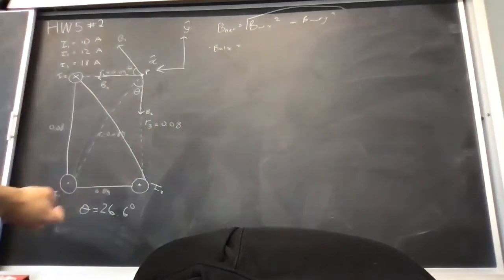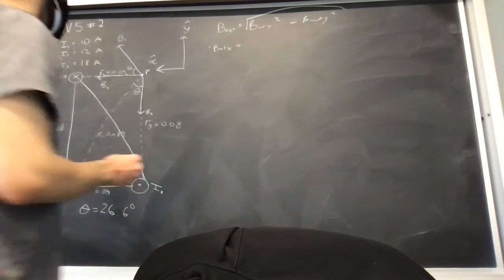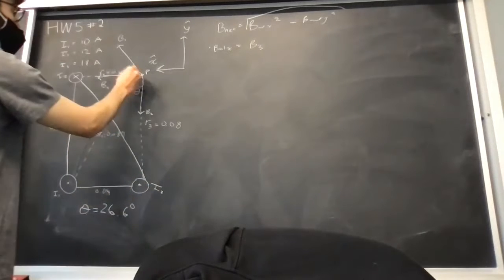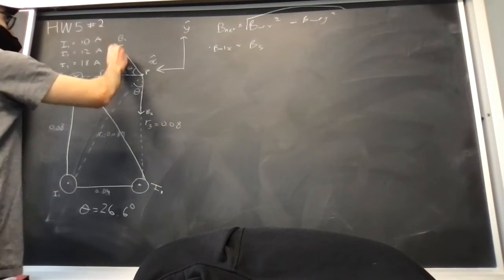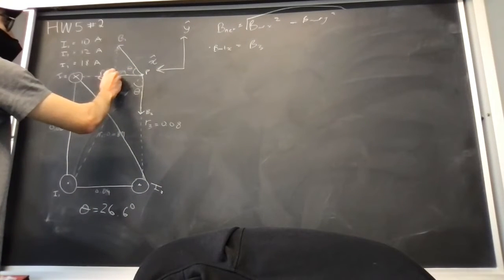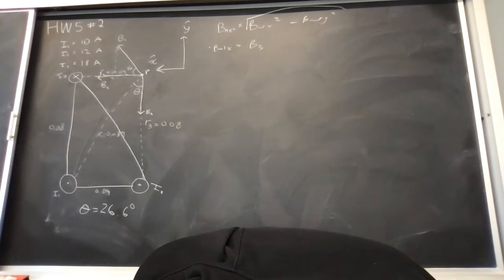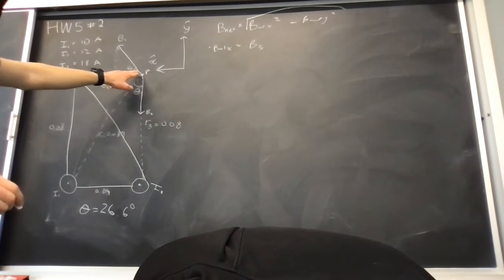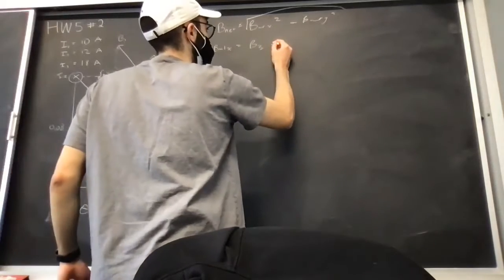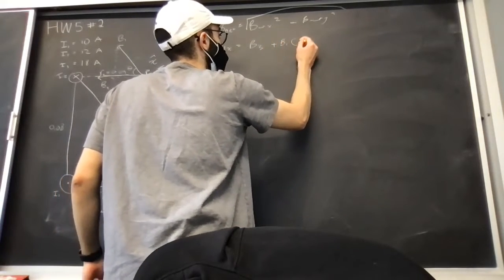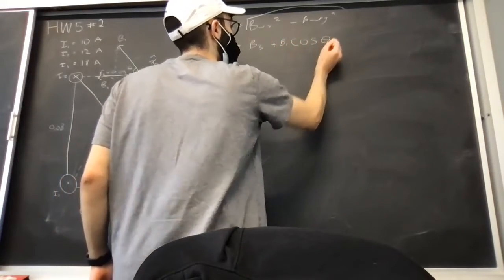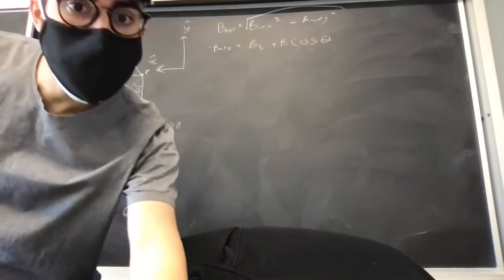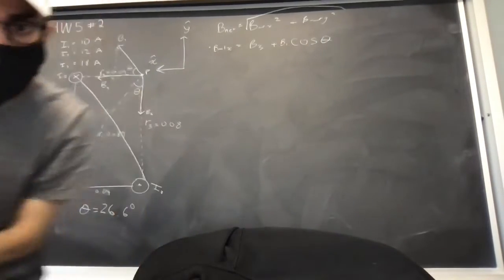B net x, everything in the x direction, we have a B3. And then also, I'm going to draw in our x and y components of B1. We also have an x component of B1 touching the angle, so plus B1 cos theta. I just want to double check everyone can see.